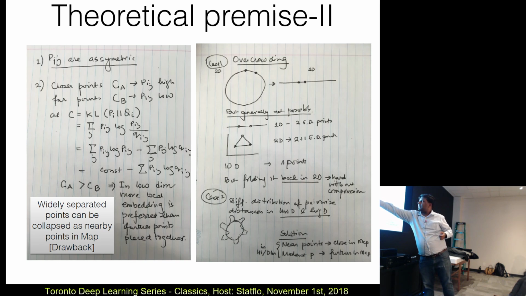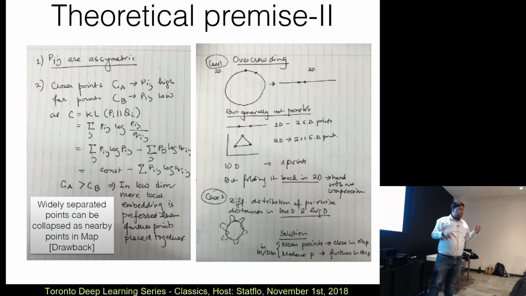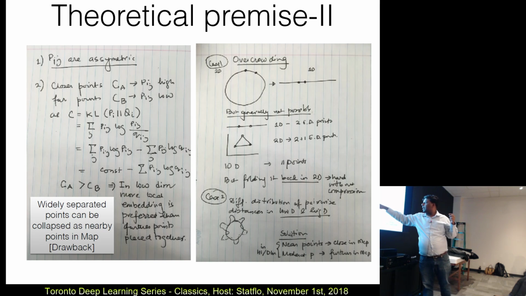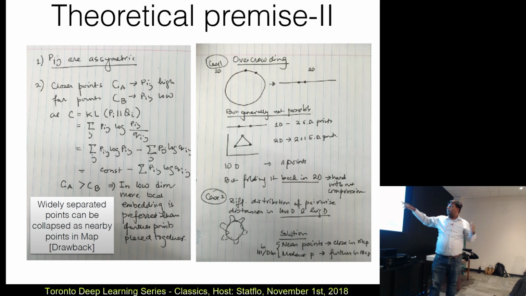This term is essentially constant, and this is the other term, which is Pij log Qij. Now, naively, what is mentioned in the paper is that cost CA is greater than cost CB. That means for points which are closer, if you keep them far apart, you have a higher cost in the way the KL divergence is cooked up.